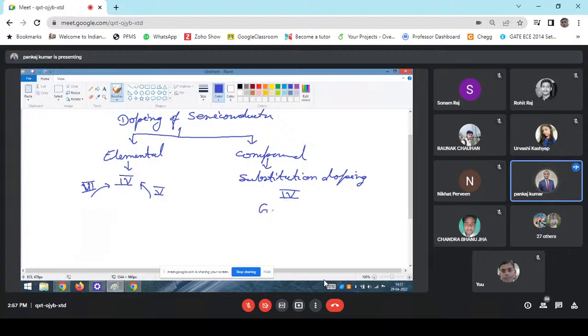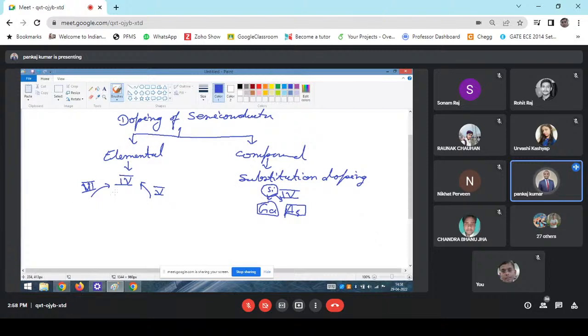Suppose this is gallium arsenide, and I will dope this with silicon. Then this silicon has two options: either it will replace gallium or it will replace arsenic. Depending upon whether silicon replaces gallium or arsenic, the doping can be N type or P type.